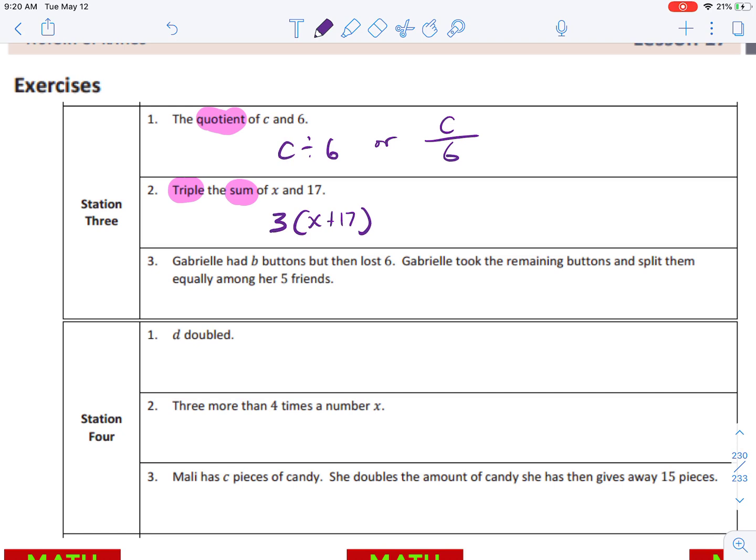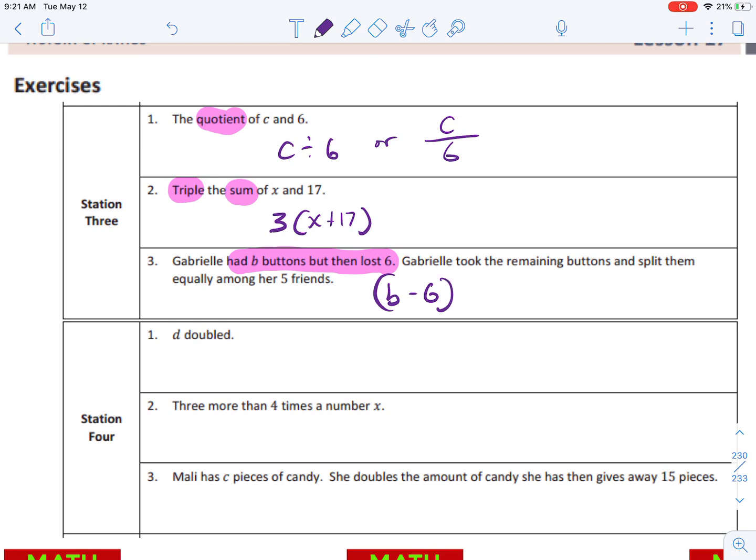Number 3, Gabriel had B buttons but then lost 6. Gabriel took the remaining buttons and split them equally among her friends. Okay? So this is our first part, B buttons but then lost 6. So this is going to be B minus 6, in parentheses.